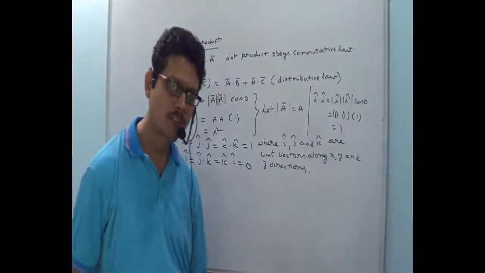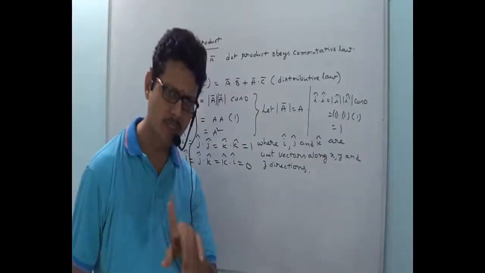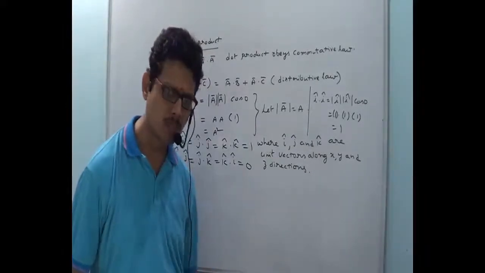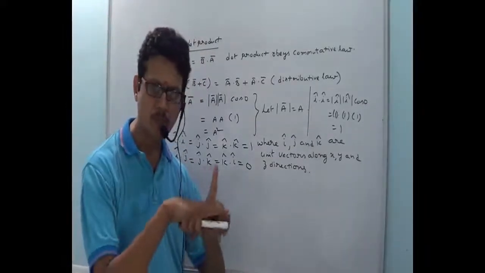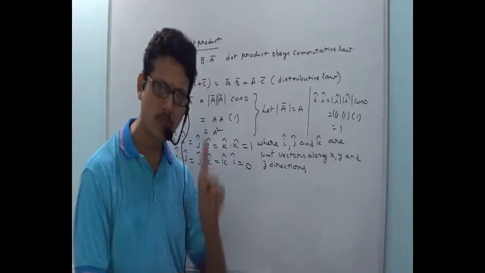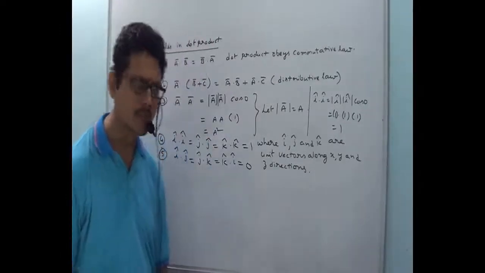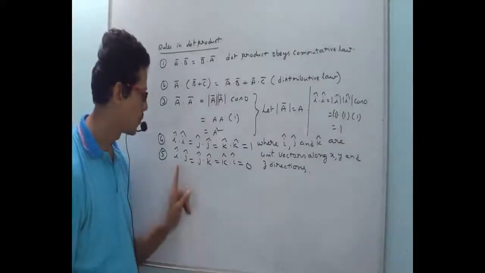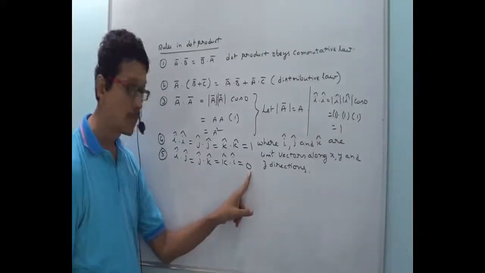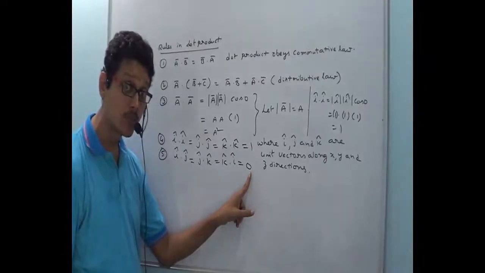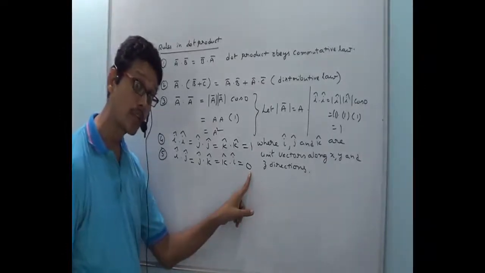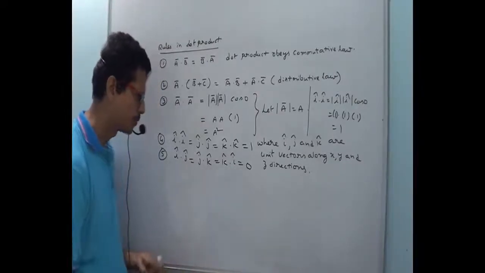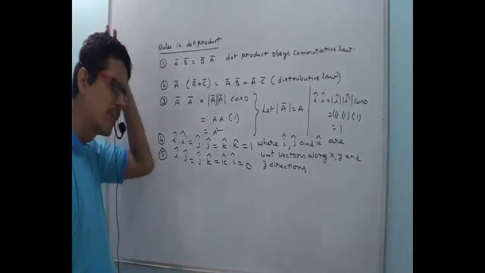Modulus of I is 1 and modulus of J is also 1, but you will get cos 90, because I is the unit vector along the x axis and J is the unit vector along the y axis. So this is correct. I dot I is 1, J dot J is 1, but I dot J, I dot K is 0, okay?